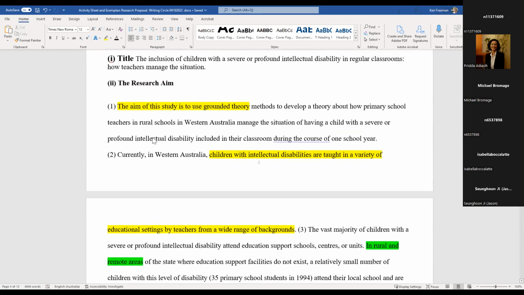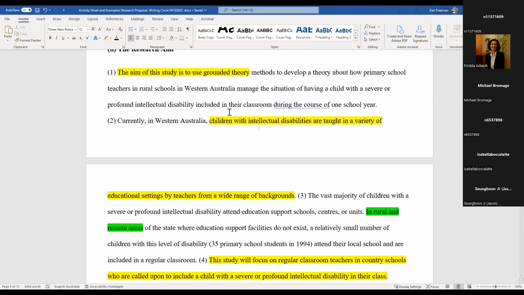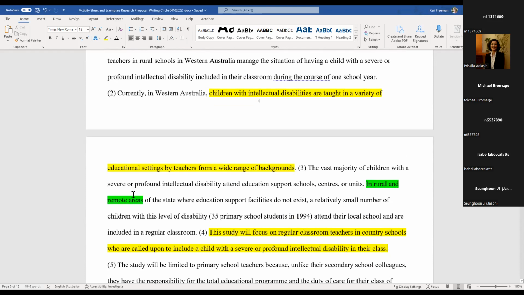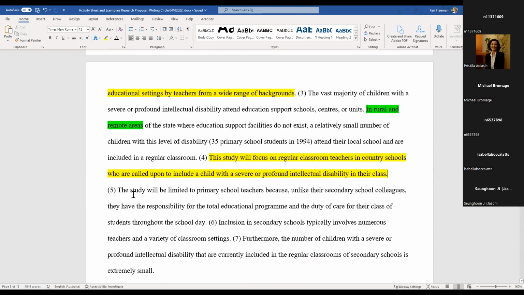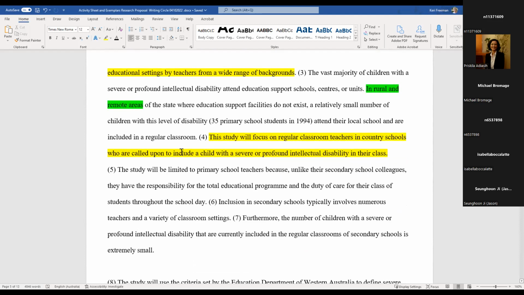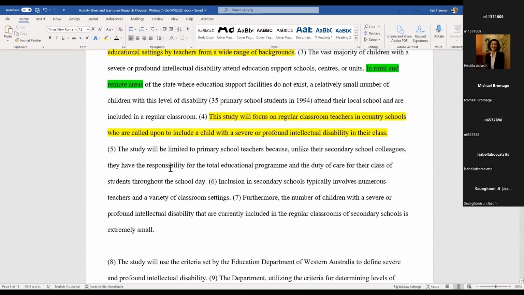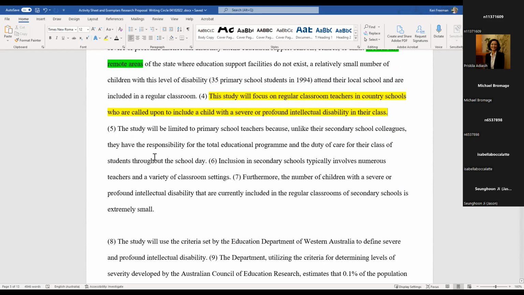All right, is there information about the research problem? Yes, it seems to be that there's a lot of strategies and a lot of settings, isn't it? Is that what you're getting as the problem? But then there's all this information by saying that there's not many of the kids. Yep, there we go.